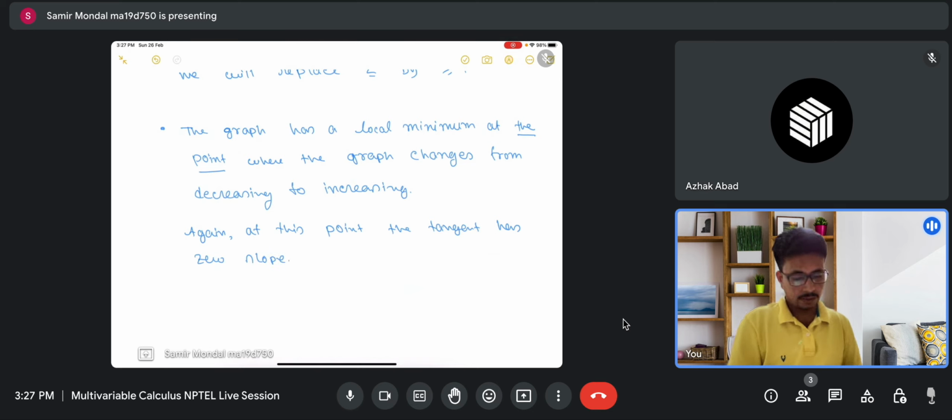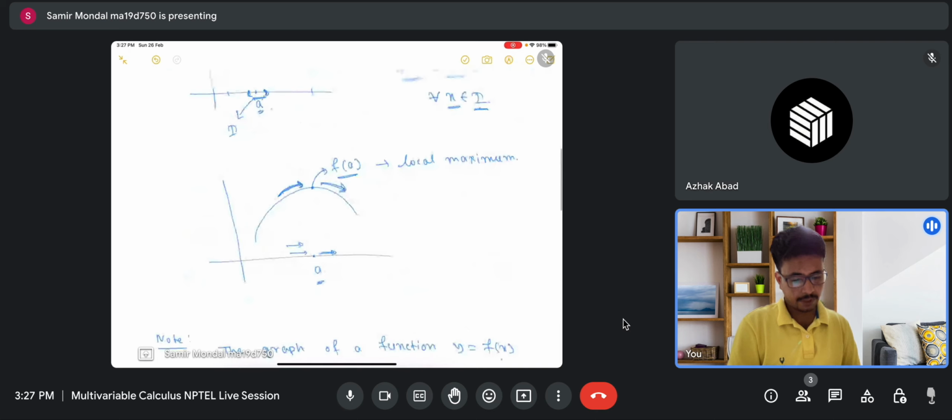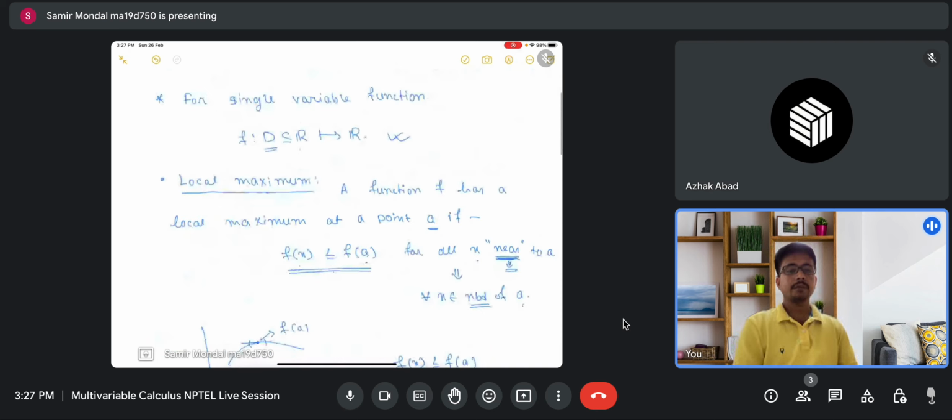So till now we have been discussing local maxima and local minima for single variable functions.